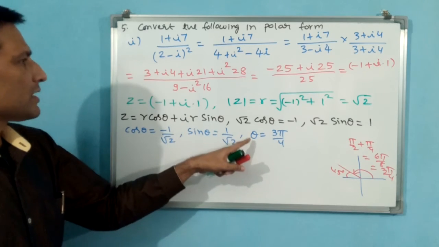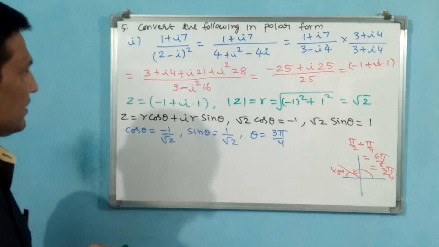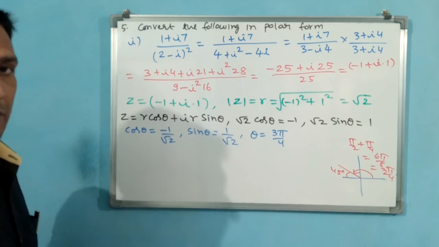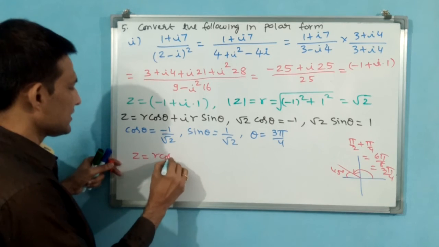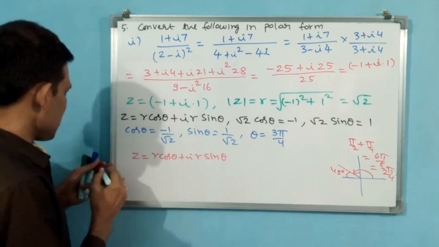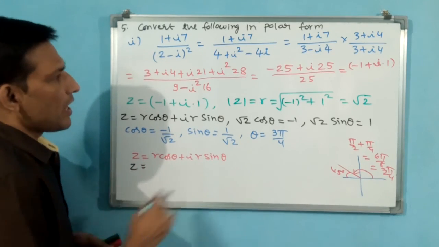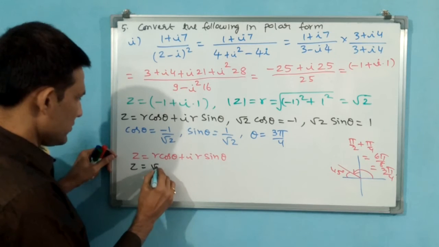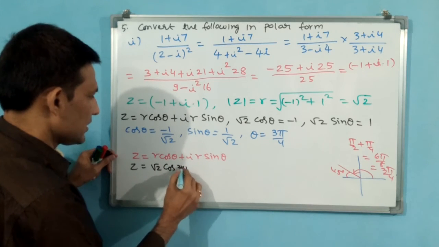Now you know argument also, you know r also. Now you can write finally in polar form. Polar form: z is equal to r cos theta plus i r sin theta. Now again you write this in polar form. z is equal to r, root 2, cos theta, you know, 3 pi by 4.